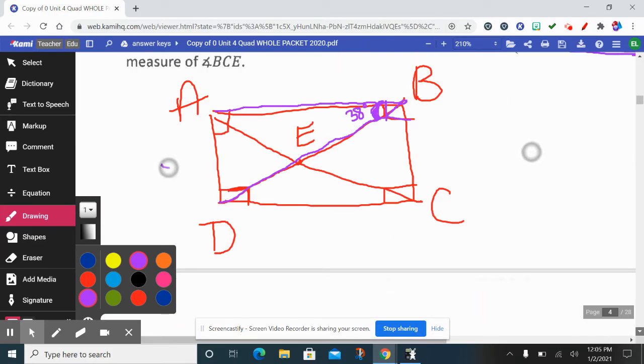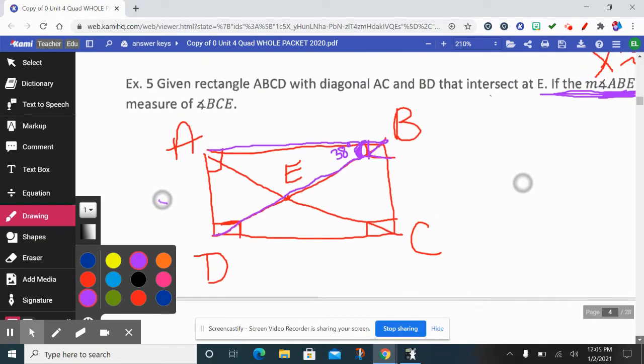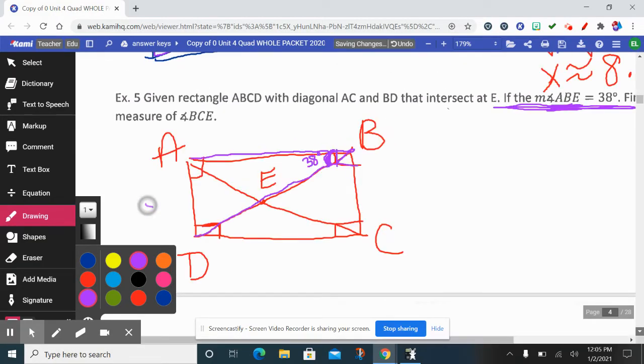What they're asking us for is to find the measure of angle BCE. BCE is this part of the angle. Okay.